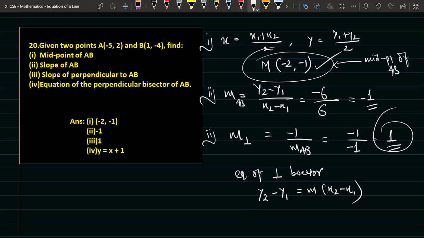Just a moment. y2 is -1, not y2 minus y1, y minus y1.